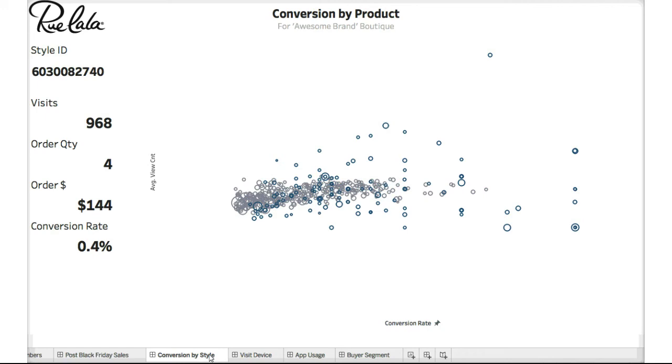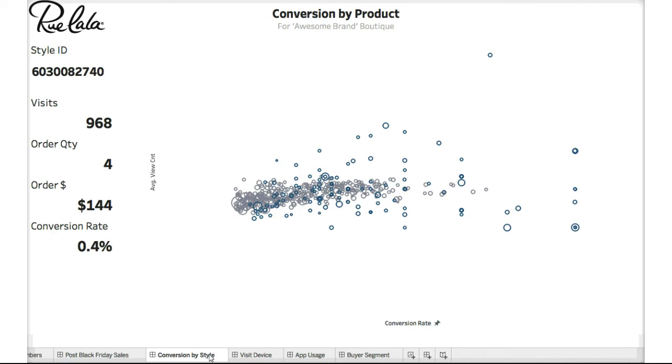What we're trying to do here is say, okay, we know that the brand is very important to this Black Friday cohort, but are there specific styles within this brand that are more engaging to the Black Friday cohort?